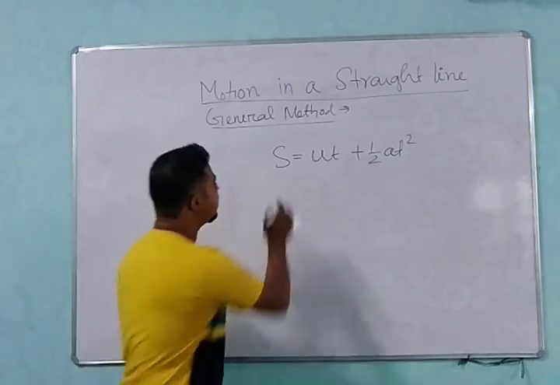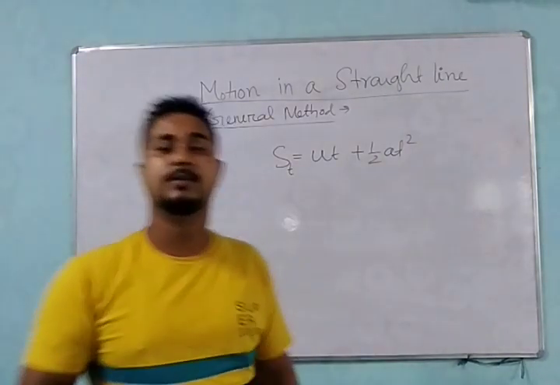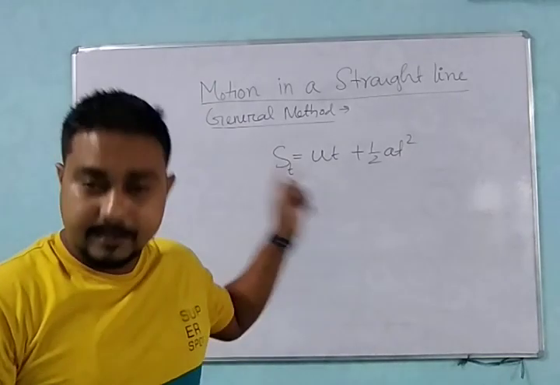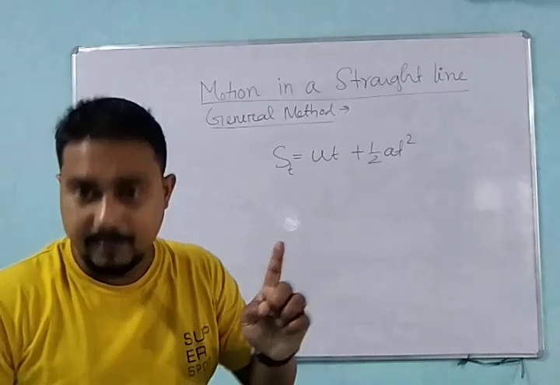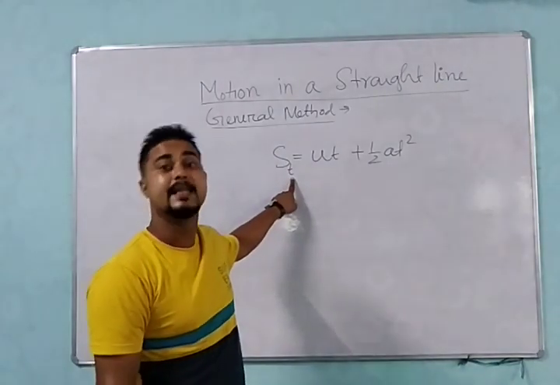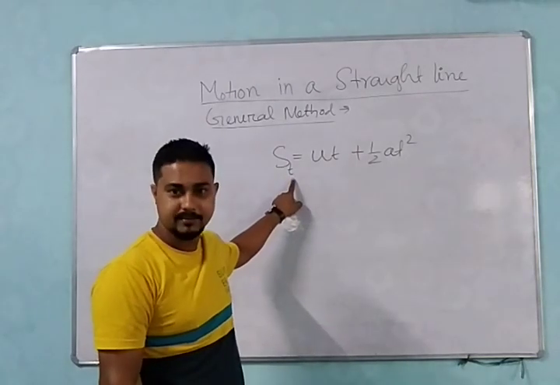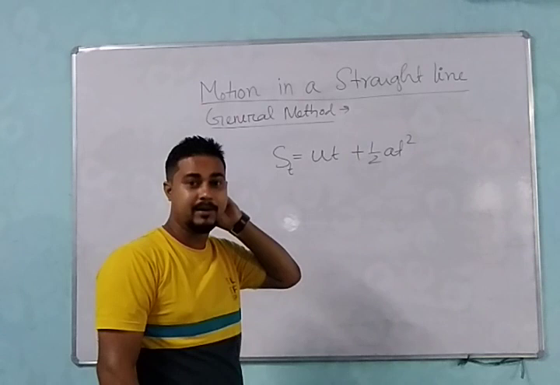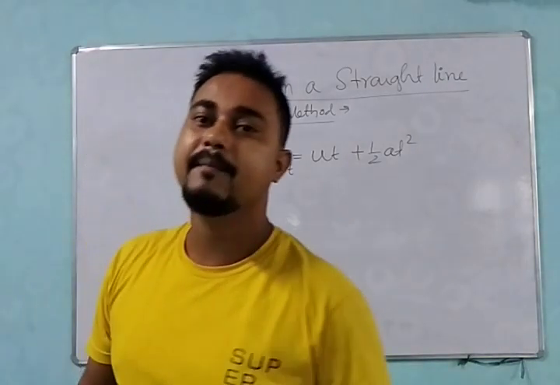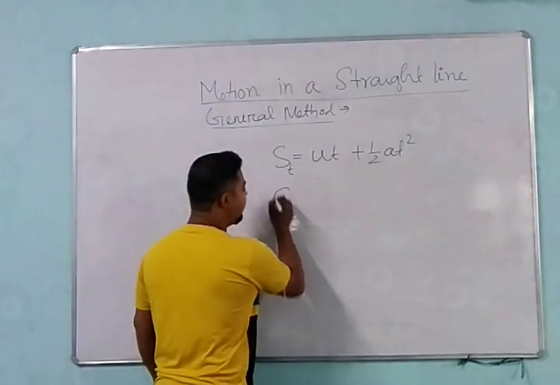I can write it like this as st, taking small t as a subscript. It is not s into t. It is the distance traveled by the body in time t second.